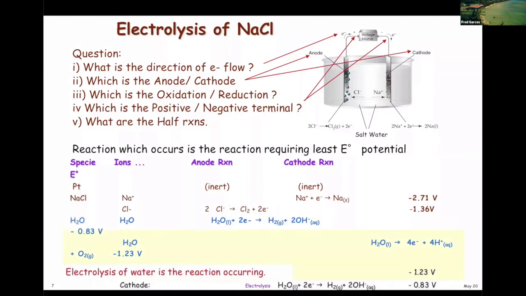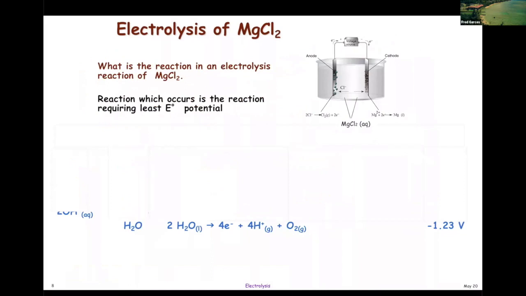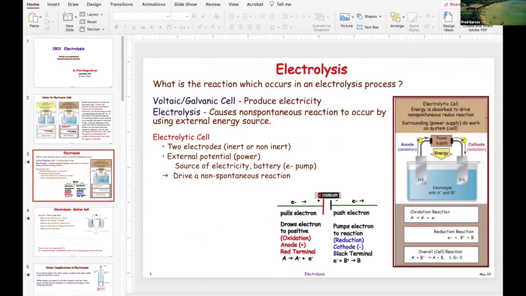Let's go to this problem right here, magnesium chloride. Because the formatting is really messed up, I'm going to go to my computer so that you guys can see this in a better light, so that the transitions are smoother.